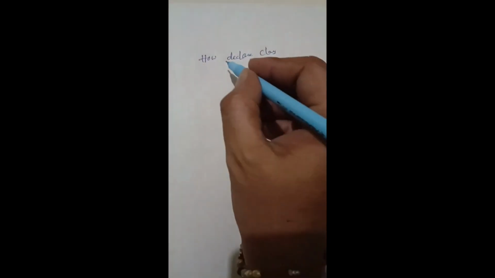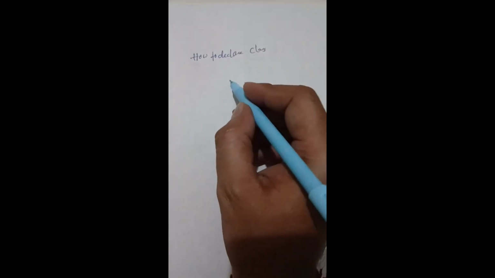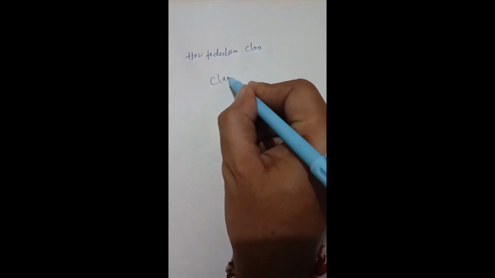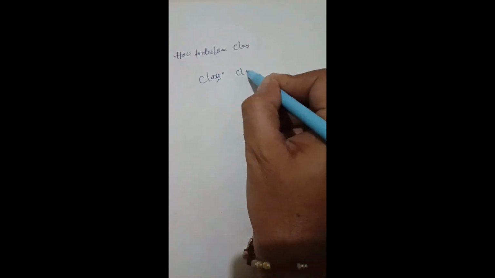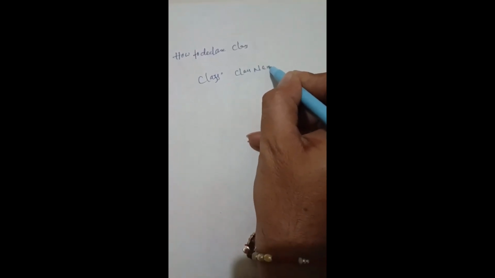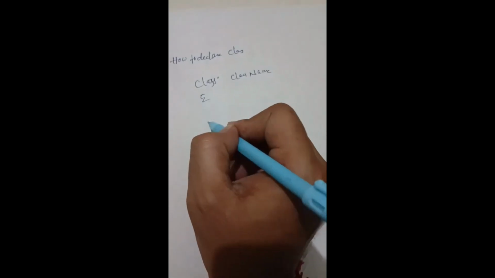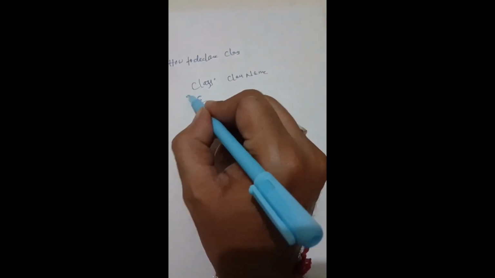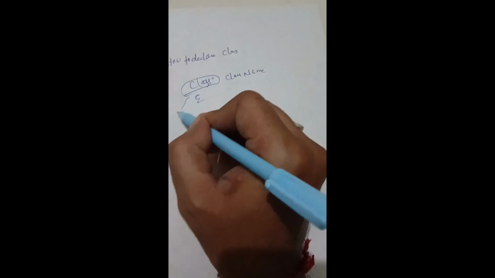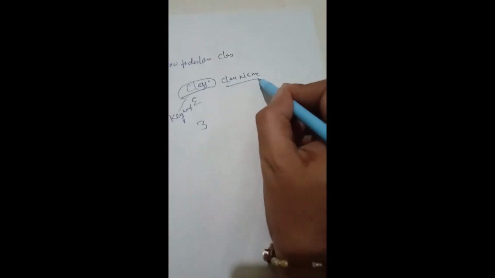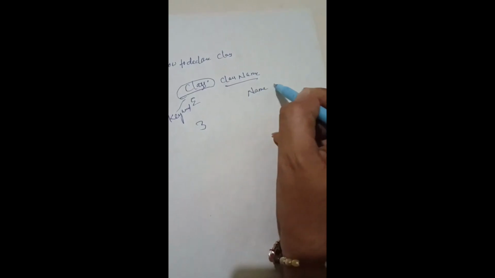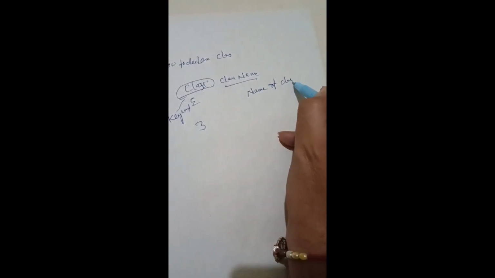You know how to declare the class. How to declare a class means first class, name, and open brace and close brace. Class is the keyword. It is followed by the name of the class.